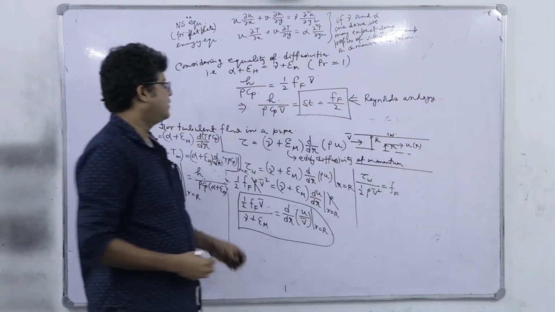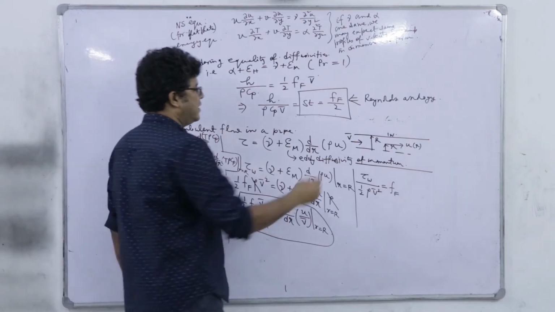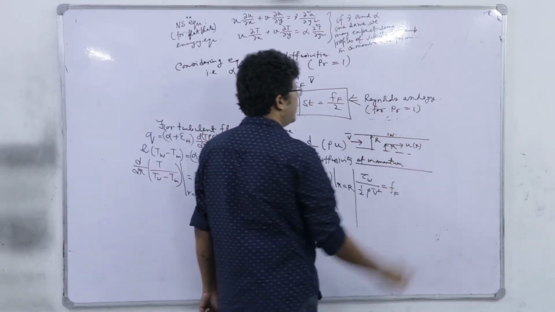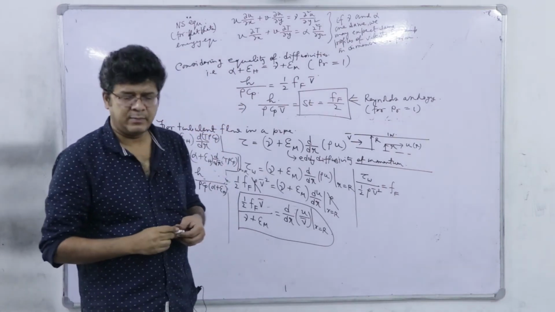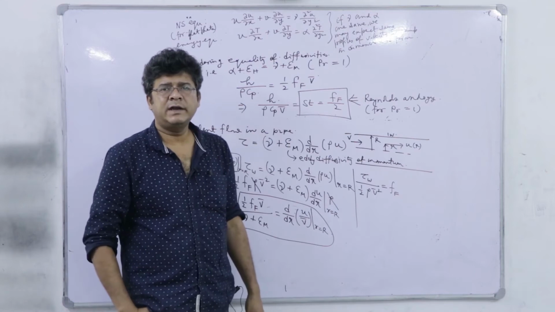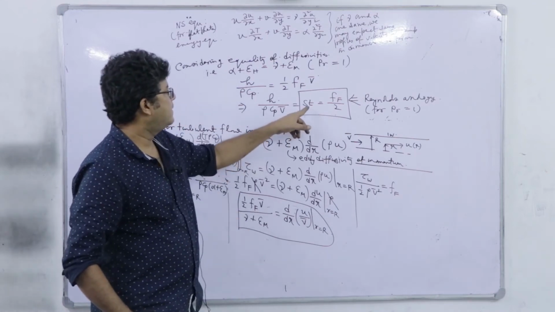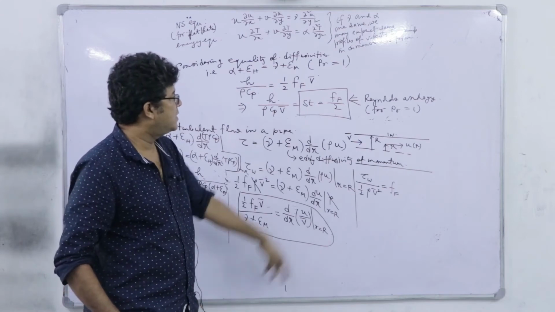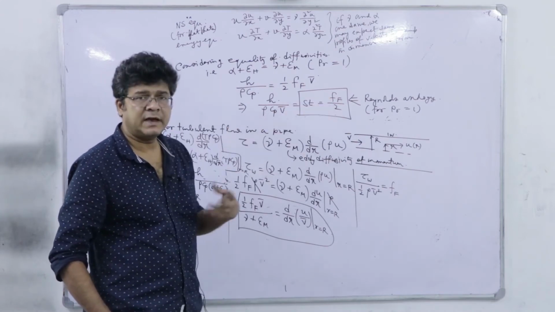Right. Now, Reynolds analogy is valid only for Prandtl number equal to 1. Now, what is the meaning, and why are we studying this analogy? The point is, Stanton number is proportional to the heat transfer coefficient, and here we have Fanning's friction factor by 2.